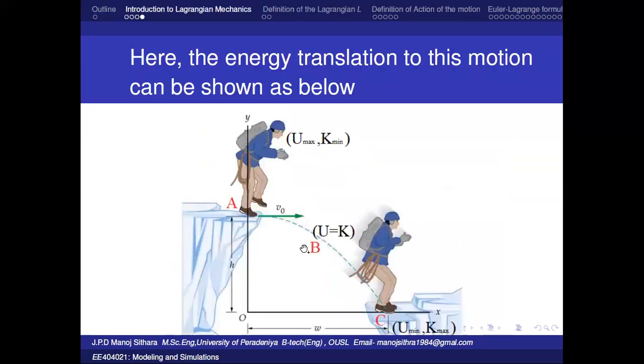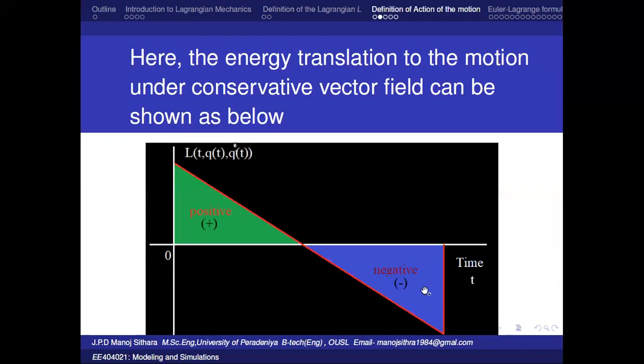For our example here, it will go negative to positive, right? Here I have considered a general statement: very high kinetic energy at the beginning, and it will be stored into a very high value of potential energy. So this kinetic energy will be stored into the potential energy, right? Therefore, we have negative Lagrangian at the end of the day.